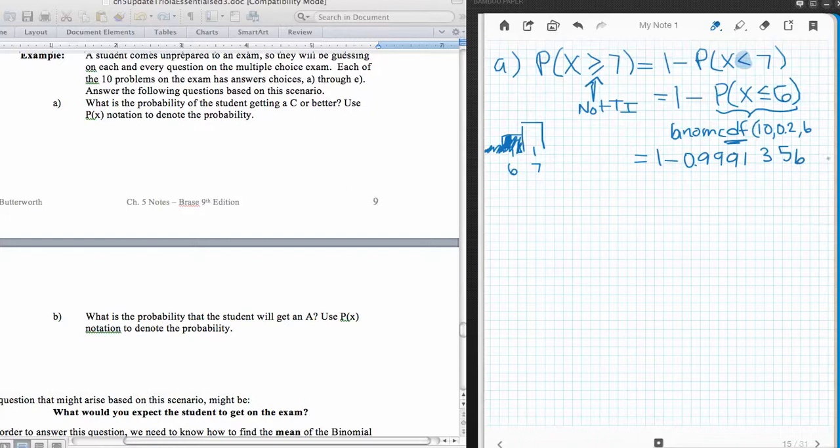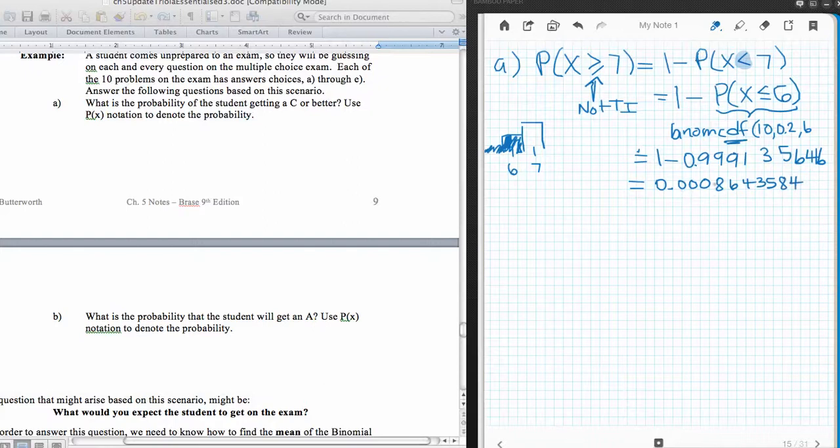0.9991356, and then 416 if I wanted to go that far. So if I did all of these numbers that I have here, this would be 0.0008643584.